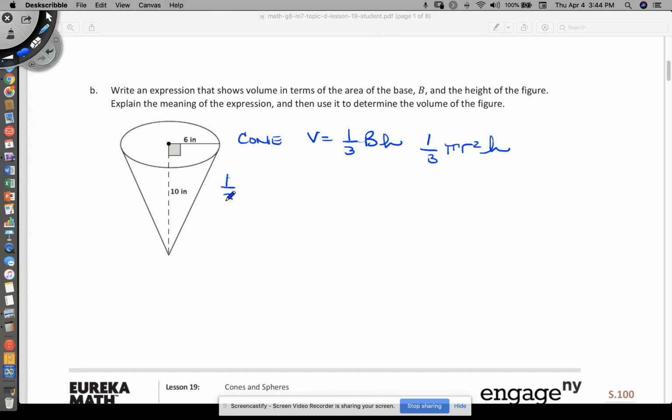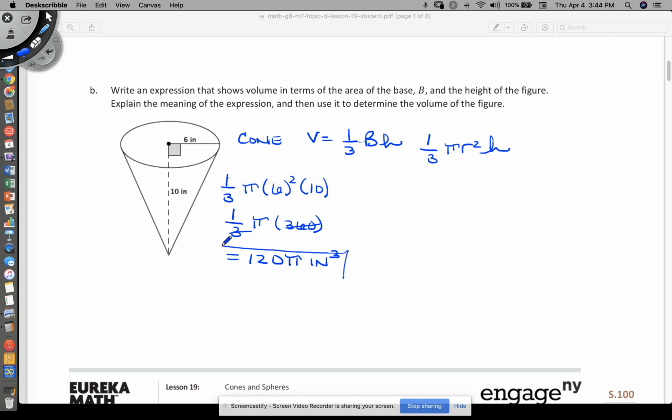So I'm going to say 1/3 pi times 6 squared times 10, which should look really familiar right now. 1/3 pi times 360, just skipping a step there. Now I know that 3 can go into 360 120 times, so it's 120 pi inches cubed.